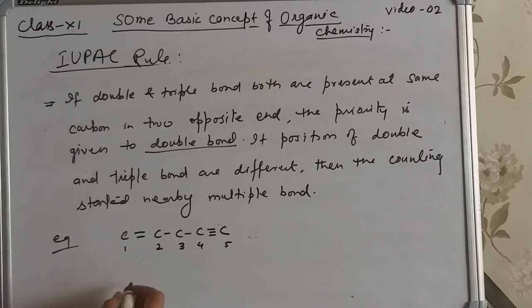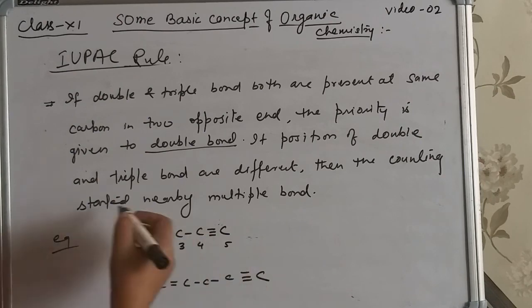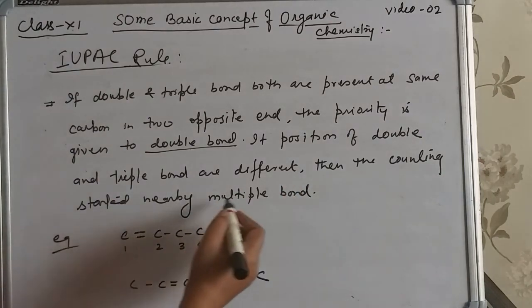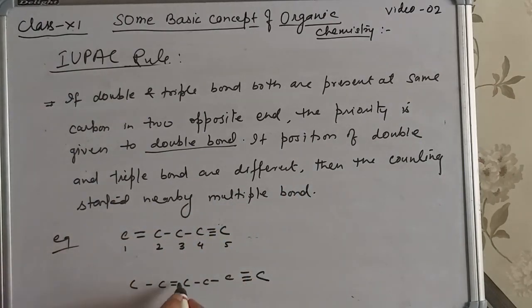But suppose the double bond is here and the triple bond is here. According to the rule, counting starts nearby the multiple bond. Suppose we count from this side, the double bond comes at position 2. And if we count from this side, the nearby multiple bond comes at position 1.